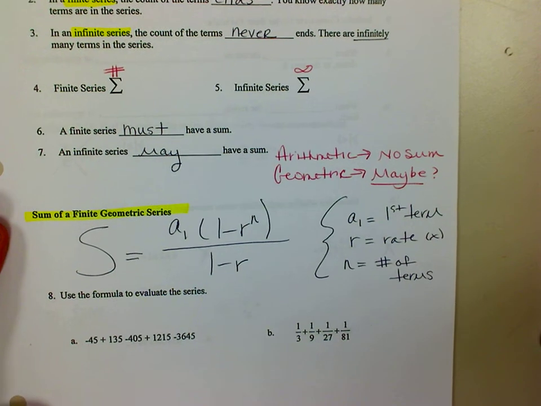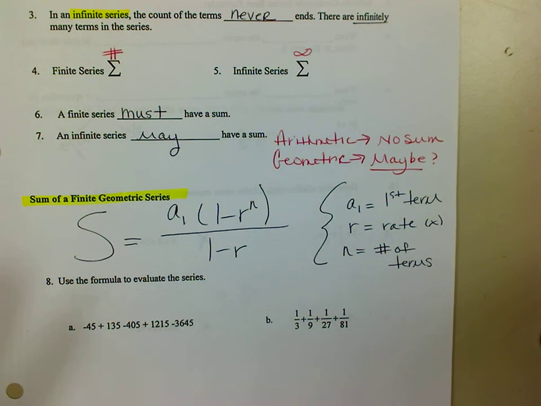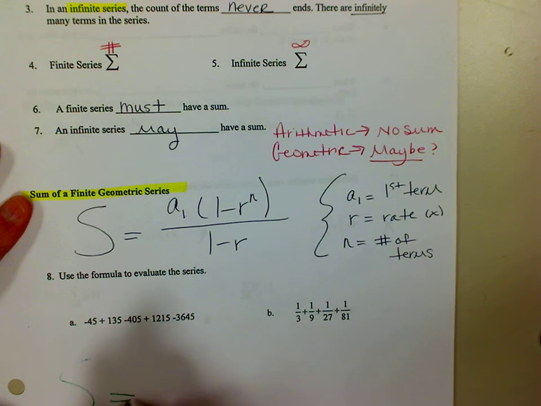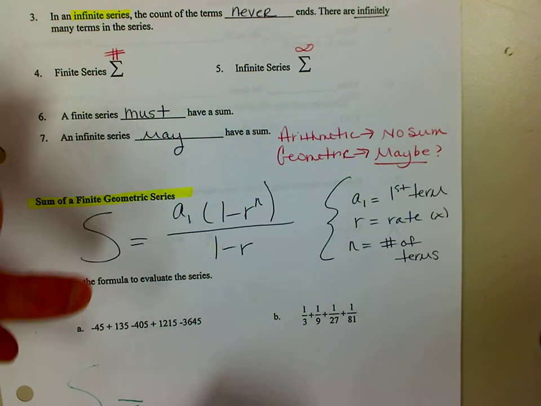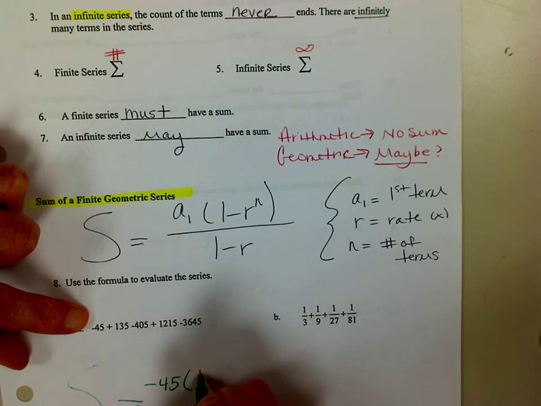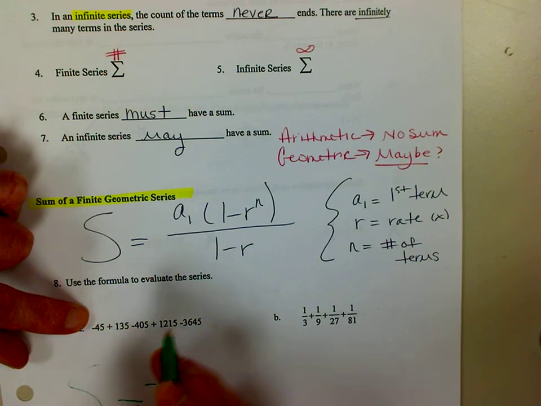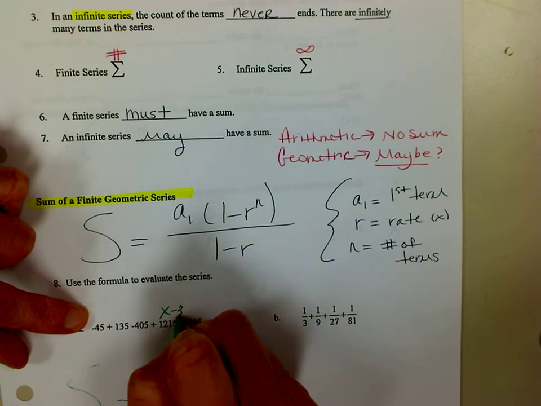Okay, so down here in A and B, we're going to use this formula to evaluate the series. First of all, I'm going to take the first term, which is negative 45, and then 1 minus the rate. If I look here, I'm multiplying by negative 3.